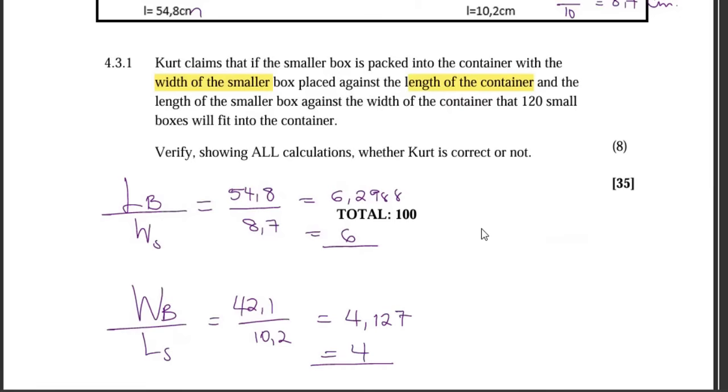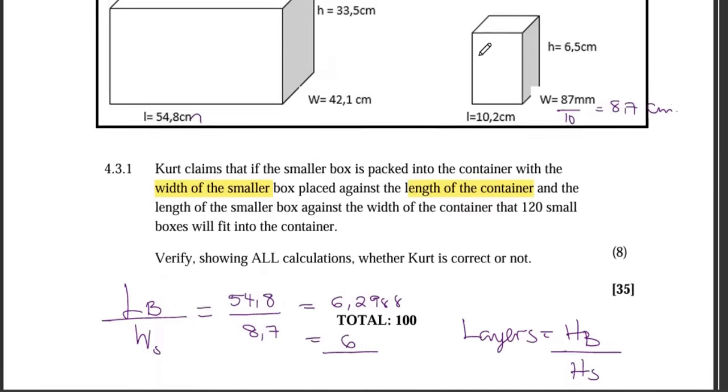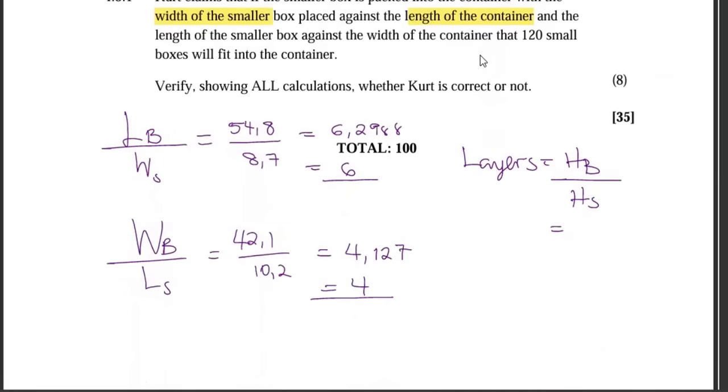Okay, what about the layers as you go up? The layers will be the height of the bigger box divided by the height of the smaller box, which is 33.5 divided by 6.5.